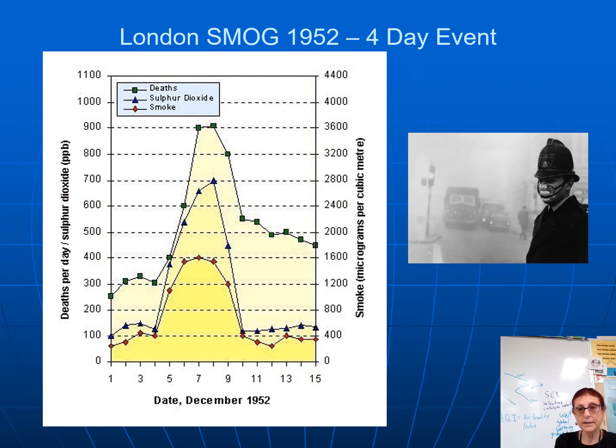And during the daytime, you literally couldn't see your hand in front of your face. It looked like nighttime at noon on the streets of London. And we saw some clips of that early on when we looked at Endangered Planet. And you notice that even after those levels dropped, deaths continued because of the exposure of the individuals to those multiple pollutants that were there.